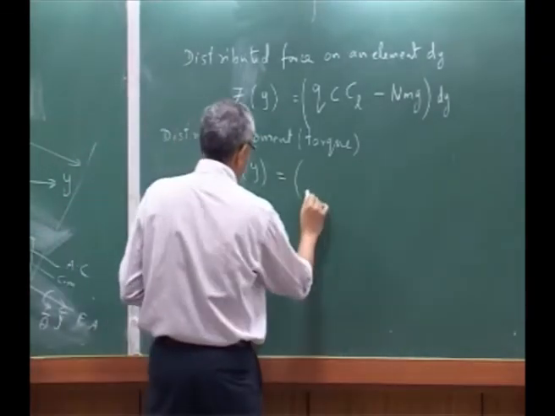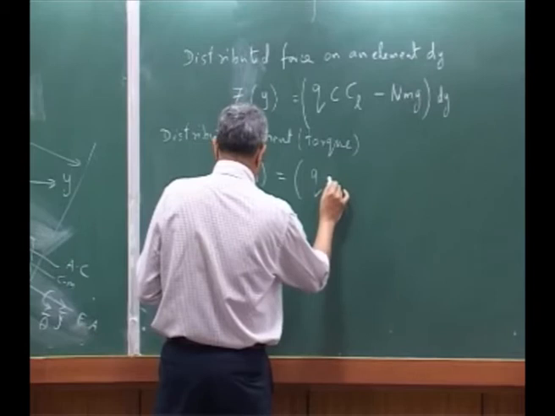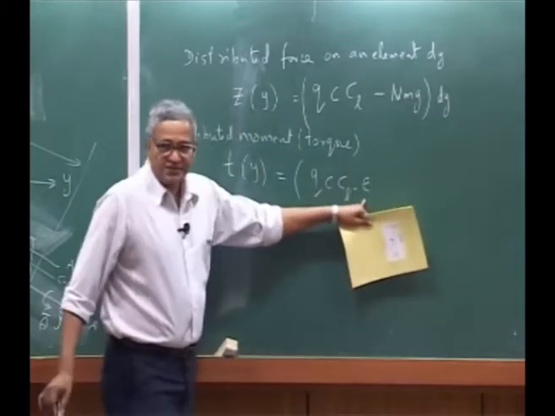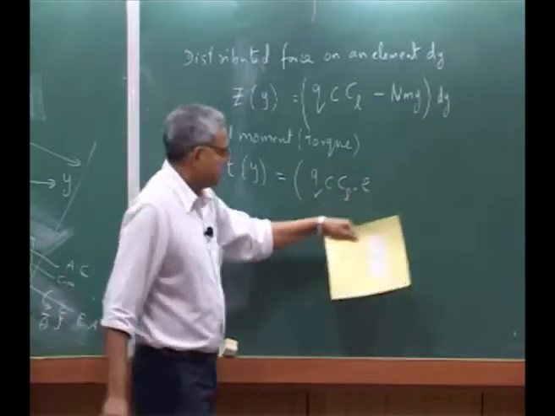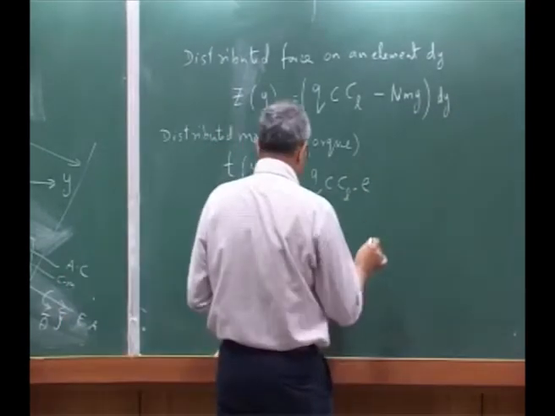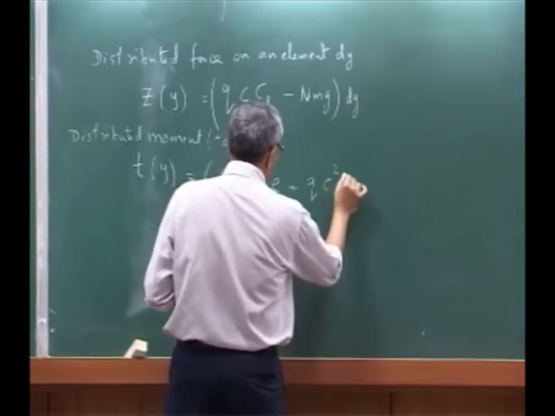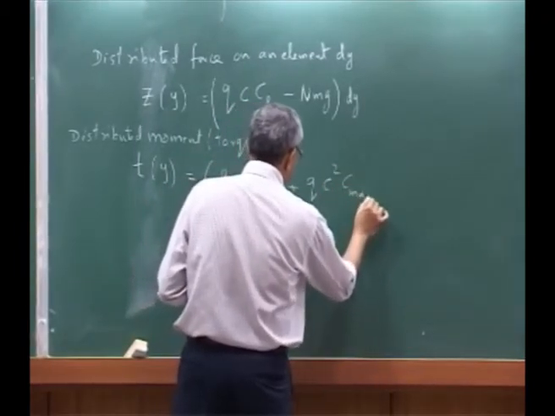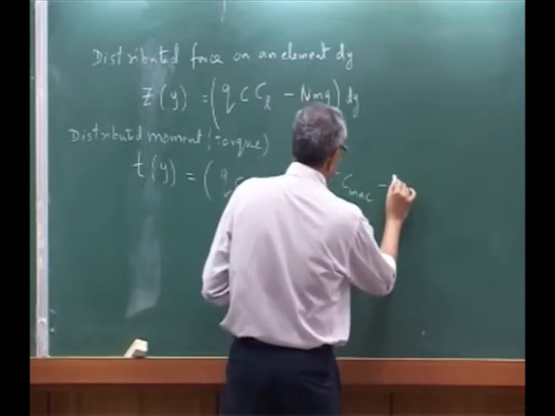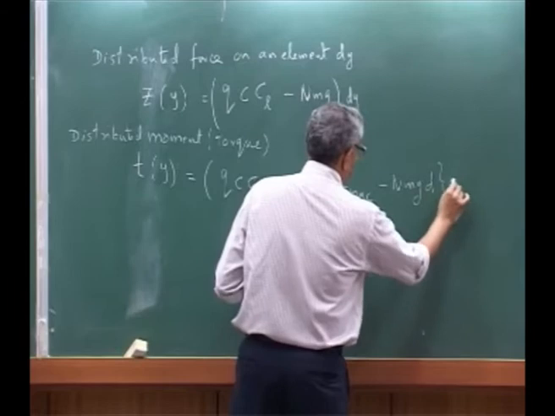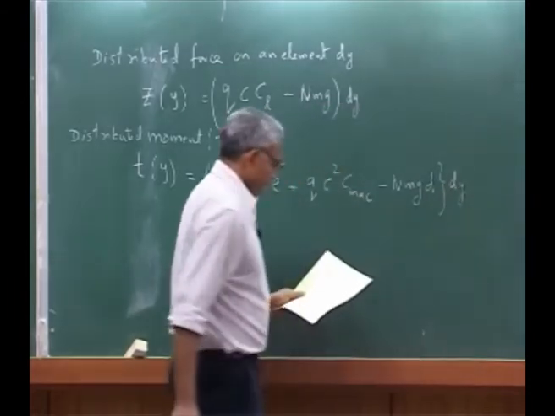This is q c CL into the offset between the aerodynamic center and the elastic center, plus q c square CM AC, minus N m g d dy. Okay.